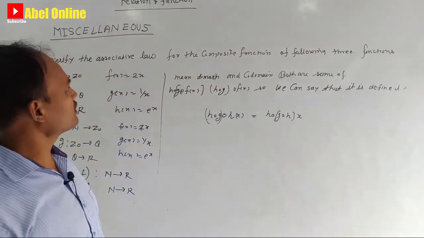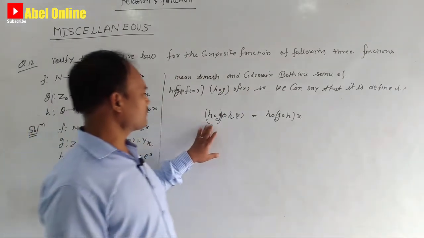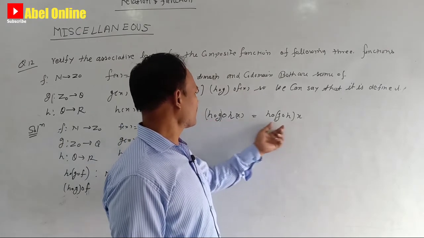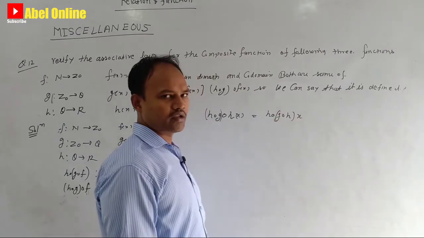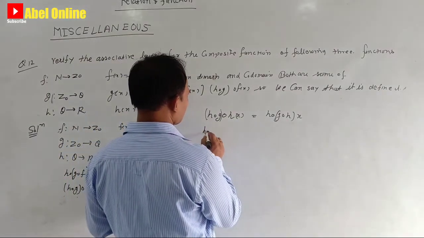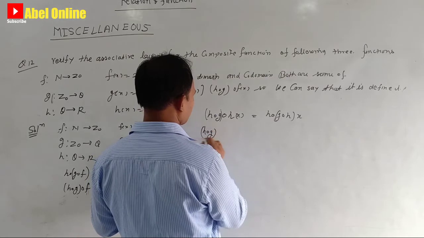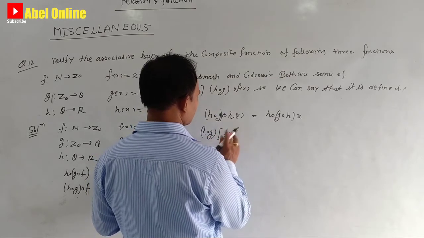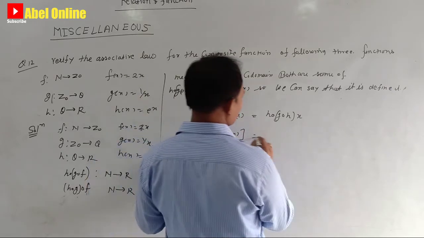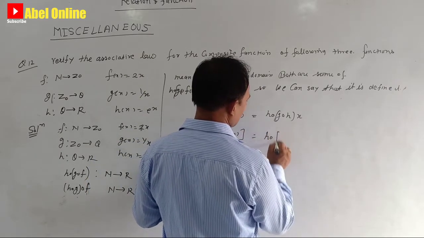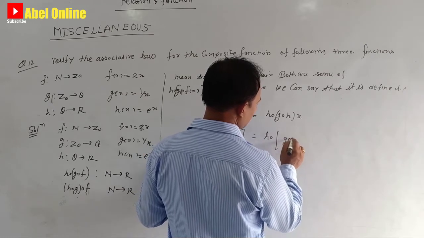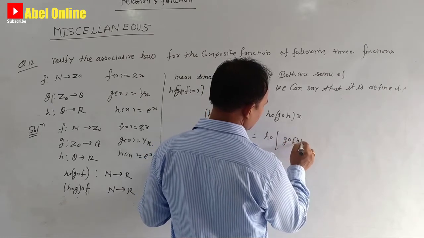Means when we are talking about the associative law, we have to use the first two functions, hog, and the last one is f. Okay, so it is very easy. Now it is (hog)of of x, and it is ho(gof) of x.